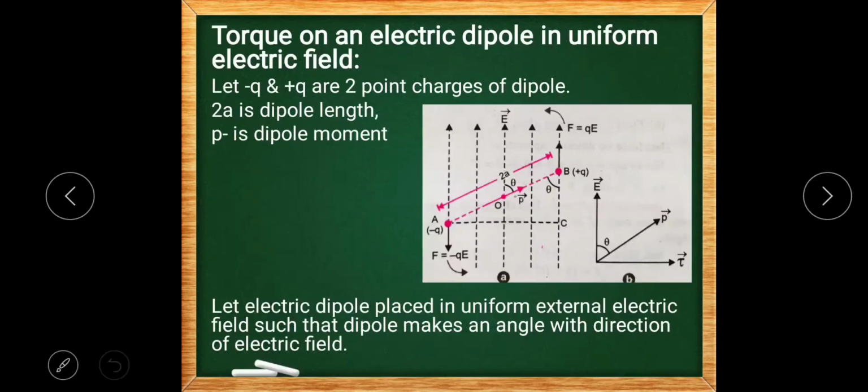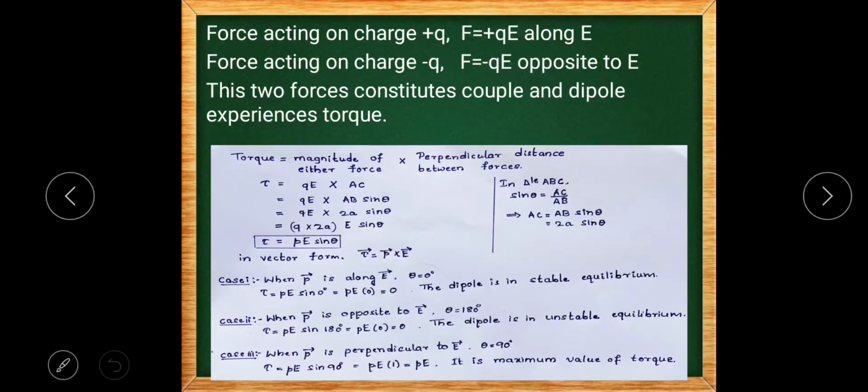In this diagram, these two forces constitute a couple, then the arm of the couple is AC, or AC is the perpendicular distance between these two forces. Hence here the expression is AC. Now, in triangle ABC, sin theta equal to AC by AB.